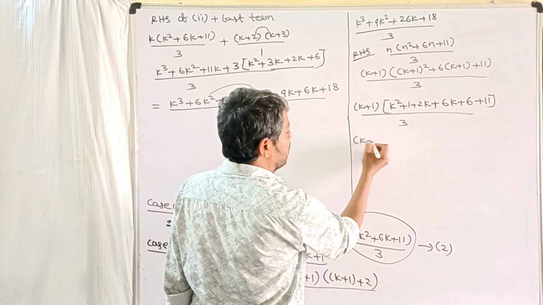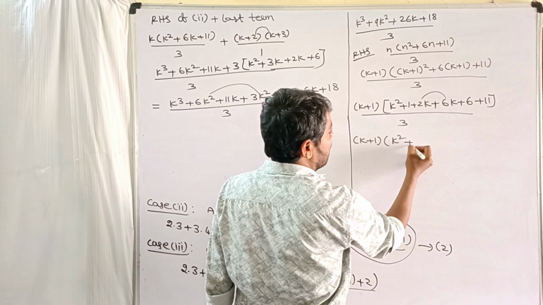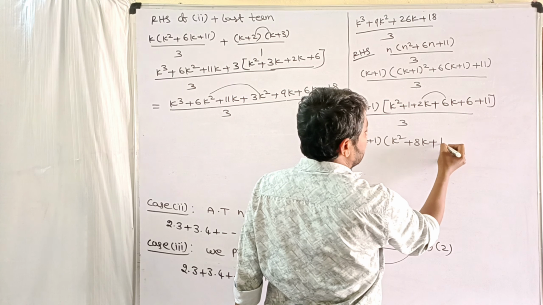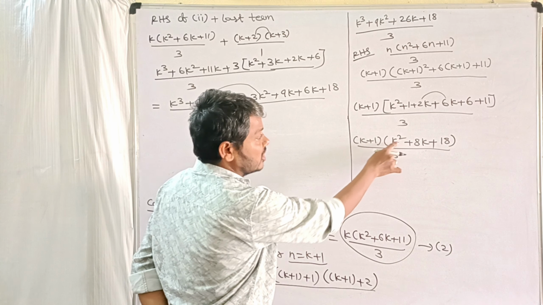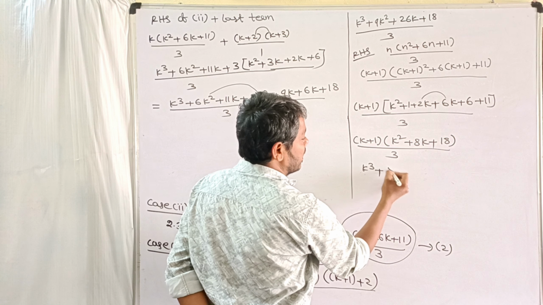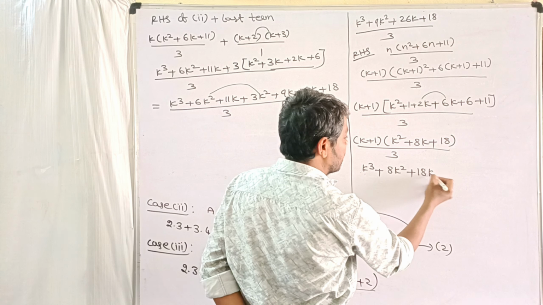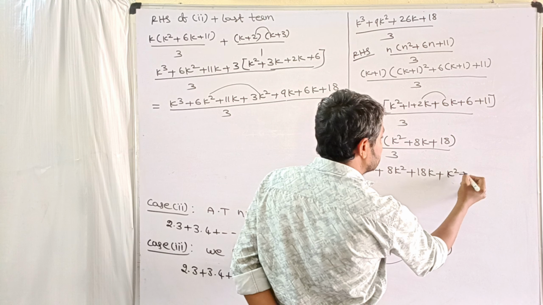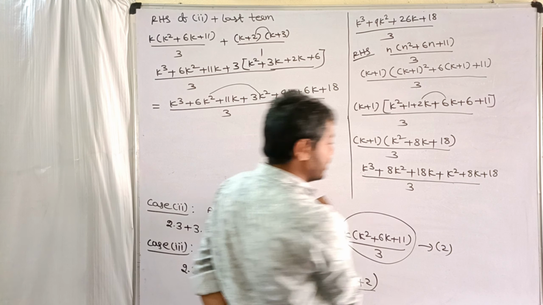Again, k plus 1 into k square, 2k plus 6k, 8k plus 1 plus 6, 7 plus 11, 18 divided by 3. Multiplying with k into k square, k cube plus k into 8k, 8k square plus k into 18, 18k plus multiplying with 1, you will get the same, that is k square plus 8k plus 18 divided by 3.